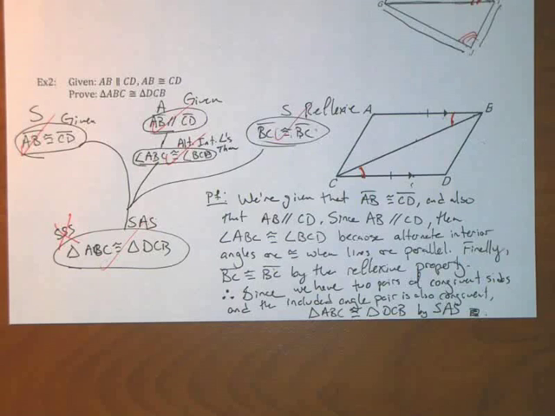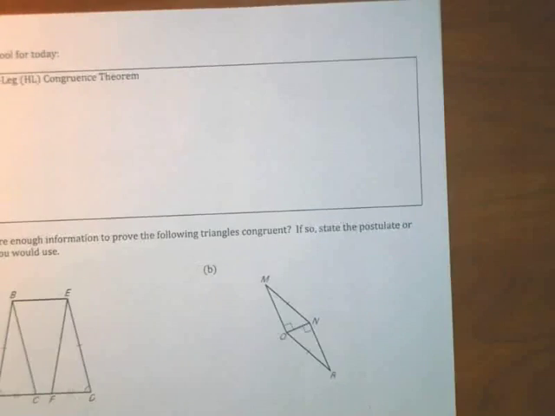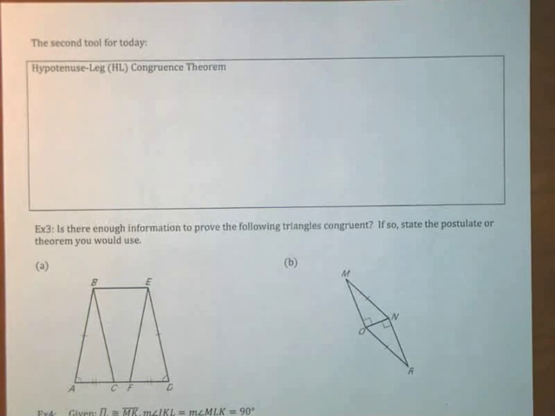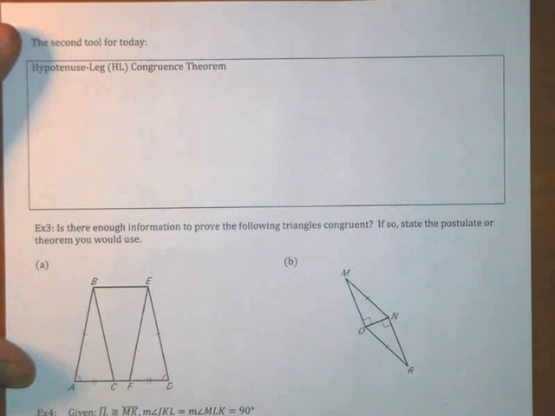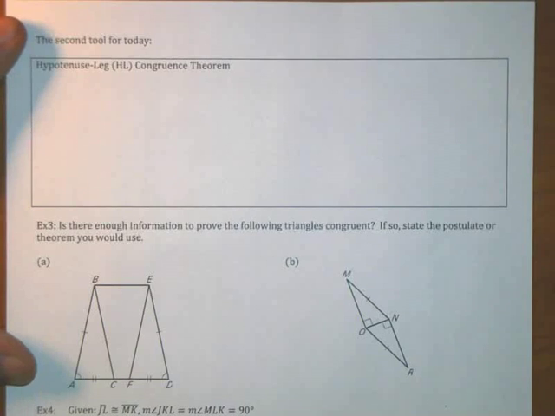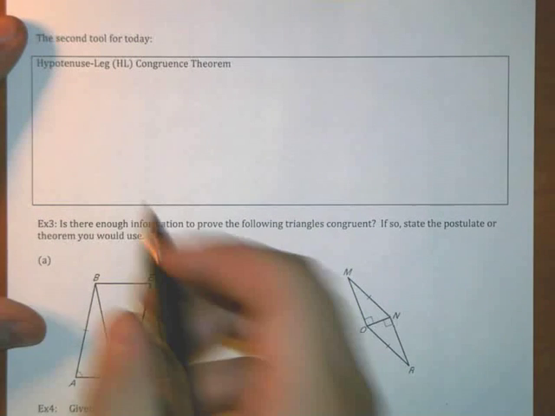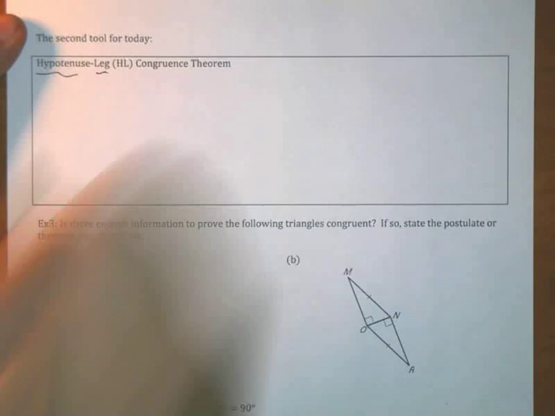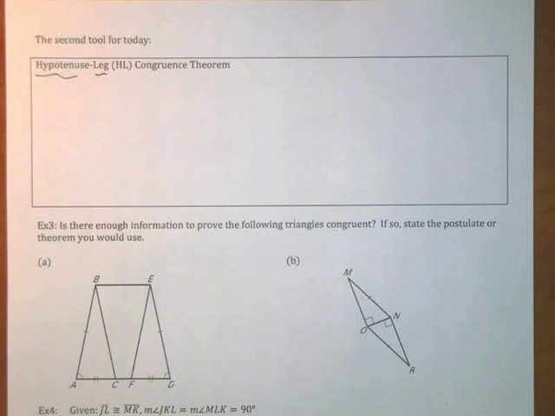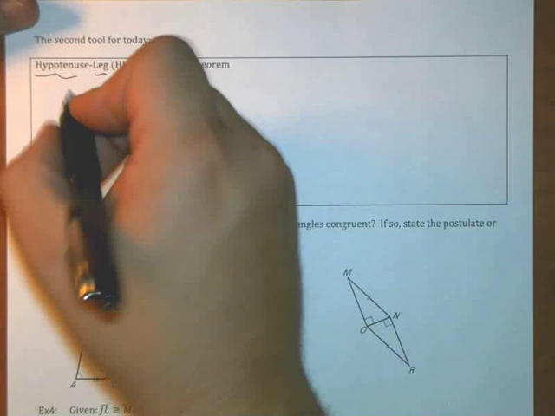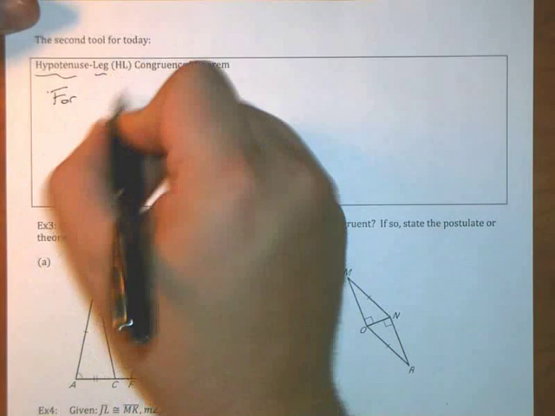Let's now see an example of our other idea, which is called the hypotenuse leg congruence theorem. The hypotenuse leg theorem is very specific in that these two things are vocabulary words associated with right triangles.